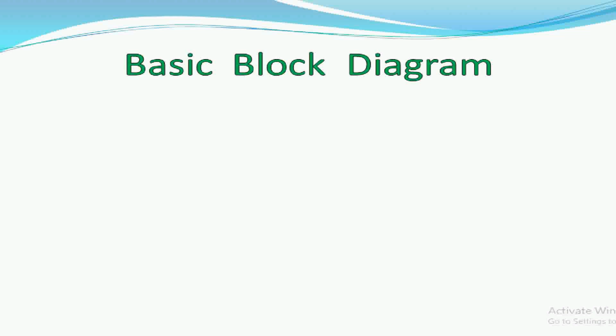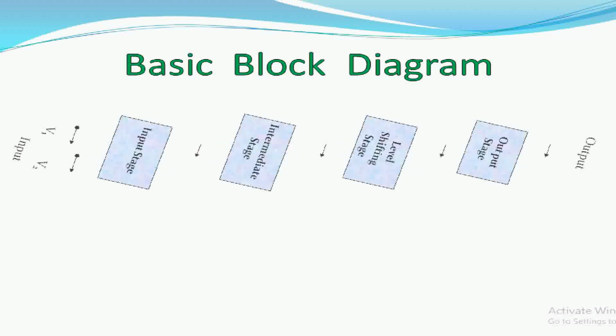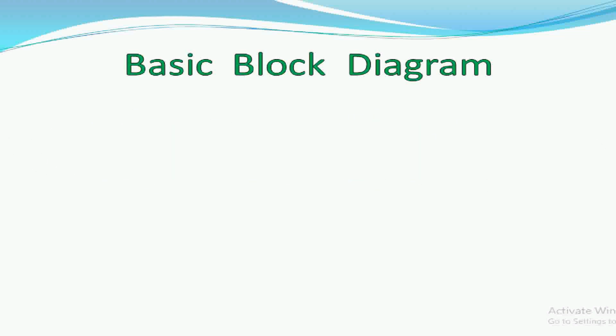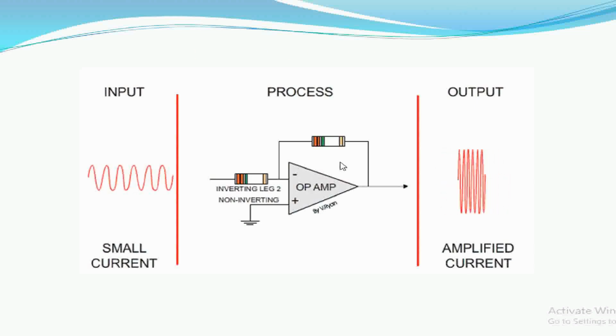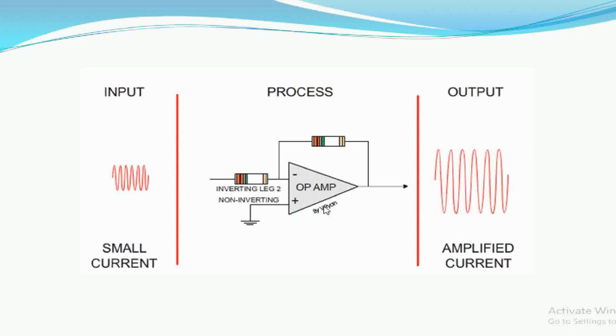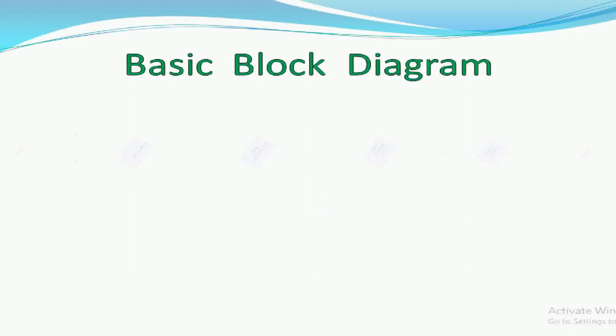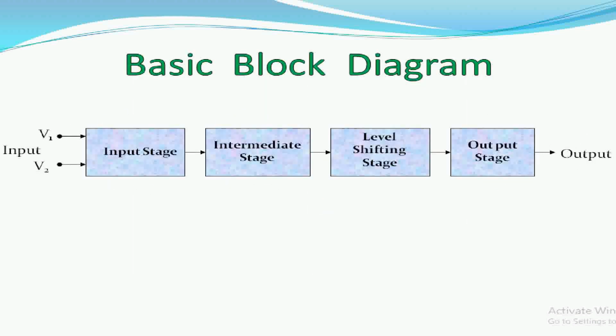Basic block diagram. Let us see the basic block diagram. What is inside this op-amp? What are all the blocks this IC contains? These are the blocks: input stage, intermediate stage, level shifting stage, output stage. Input stage and intermediate stage are differential amplifiers.